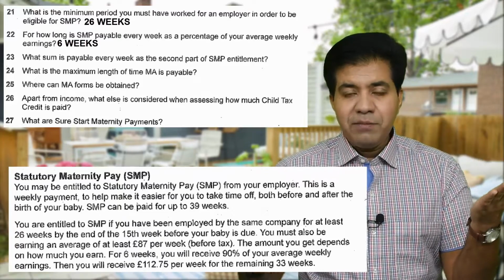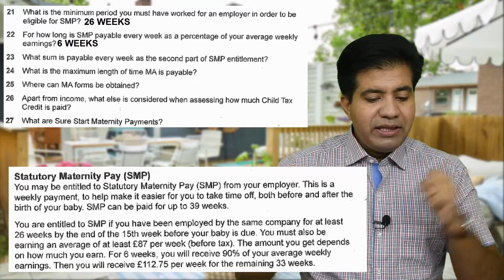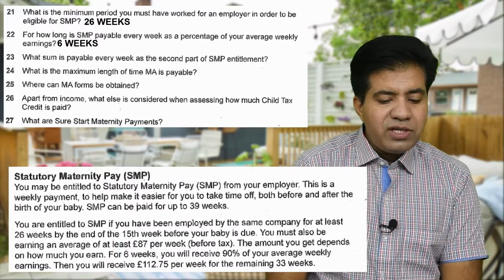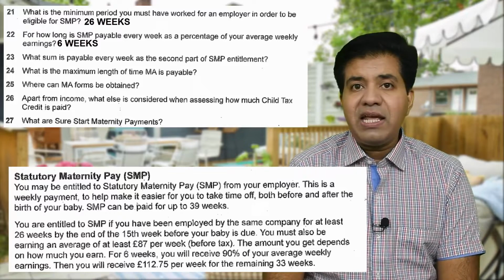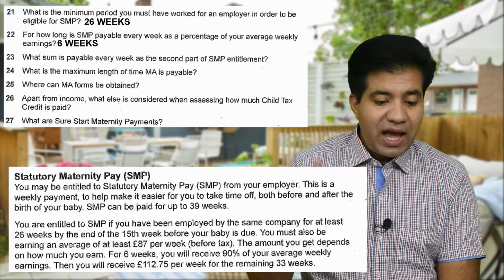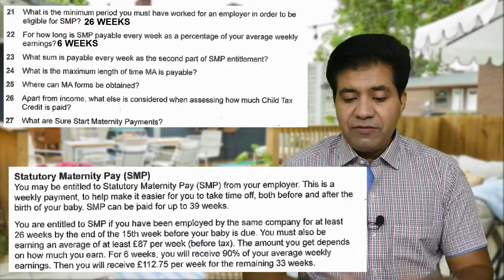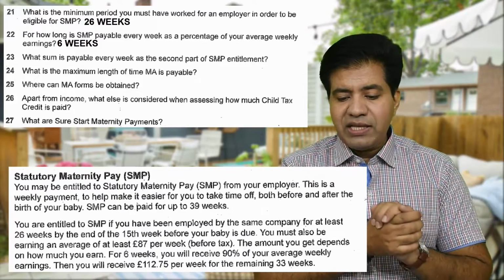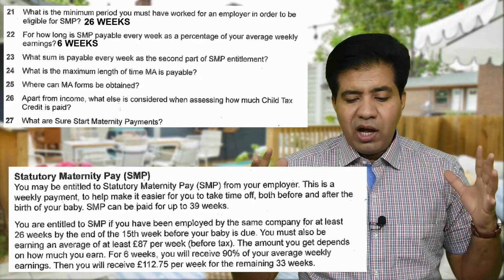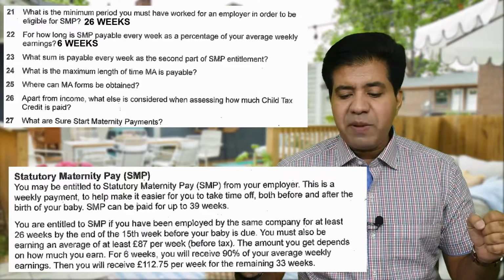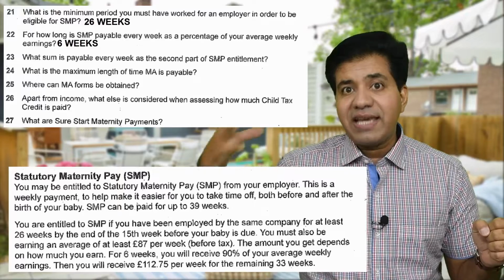Then means this is the second part. Then you will receive £112.75 per week for the remaining 33 weeks. So the question is, what sum is payable every week as the second part?